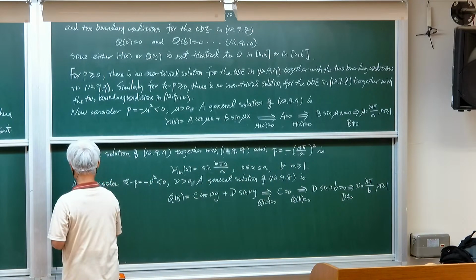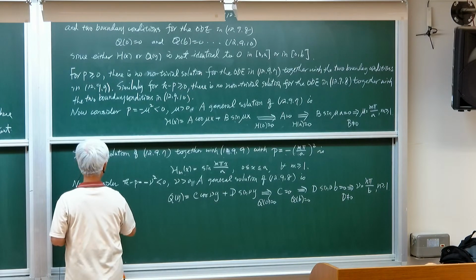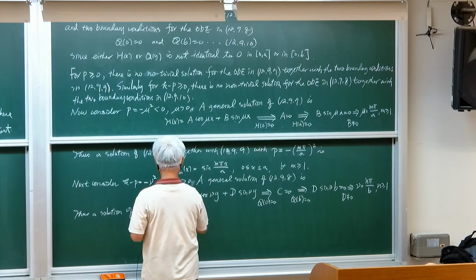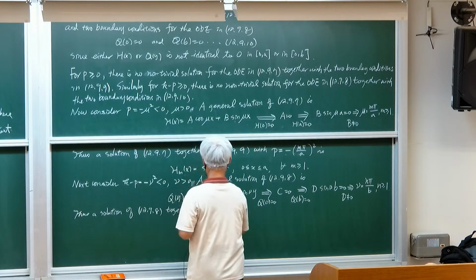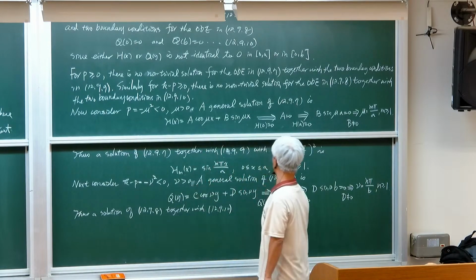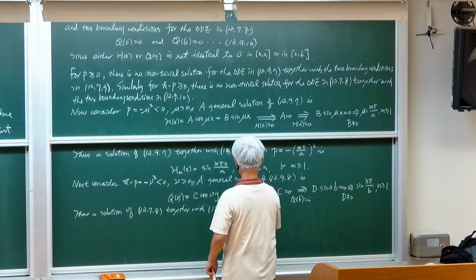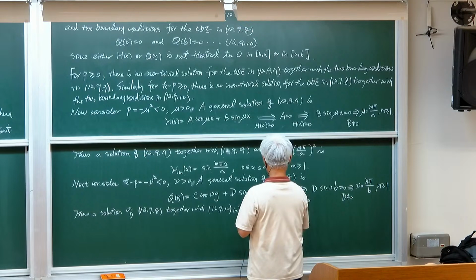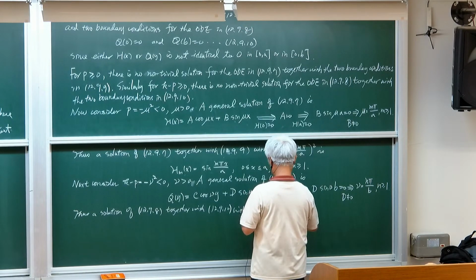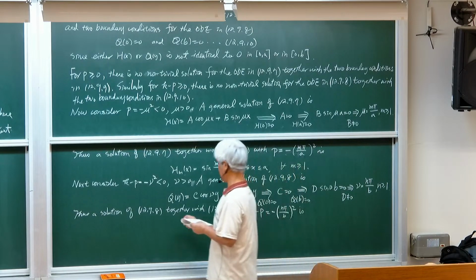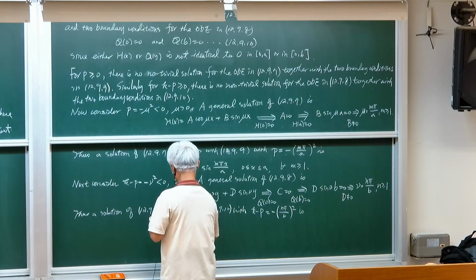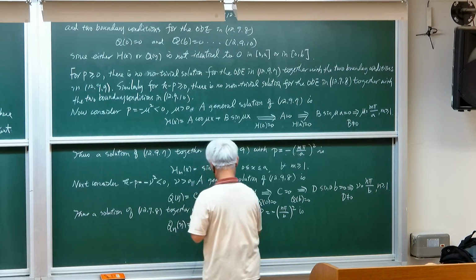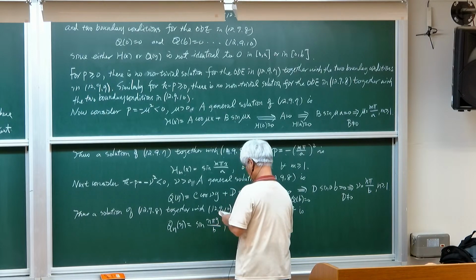Okay, so that's a solution of 12.9.8 together with the boundary condition in 12.9.10 and with k minus p equal to minus n pi divided by b, squared, is q sub n of y equal to sine n pi y divided by b here.